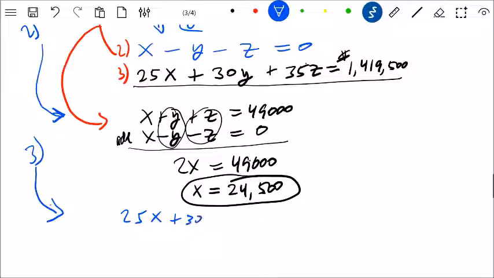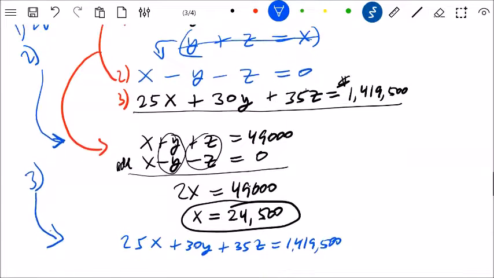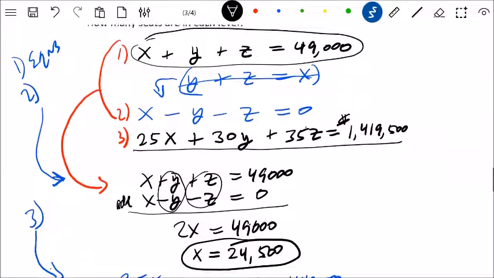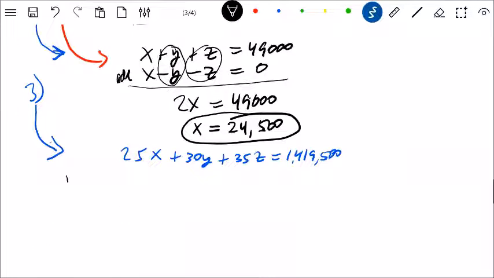25x plus 30y plus 35z equals 1,419,500. Now, I'm going to take one of these others. I think it's this one here. I'm going to multiply it by 35. So this is first equation times 35. And when I do that, I'm going to get 35x plus 35y.